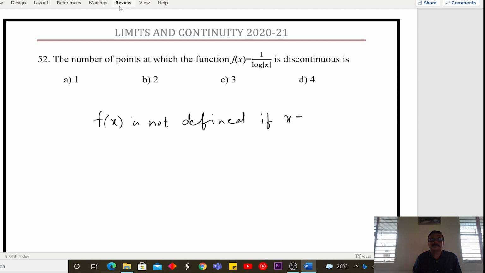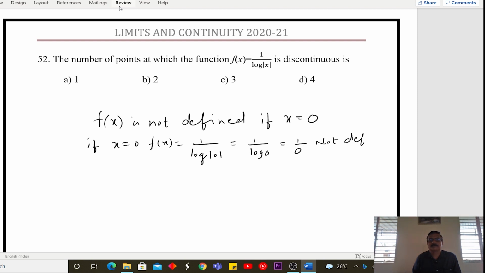If we take x equal to 0, see what happens: f of x is equal to 1 divided by log mod x, log of mod 0 is log 0, which is not defined, so 1 by 0 is not defined. So that is 1 point.